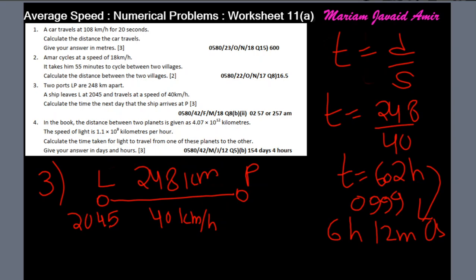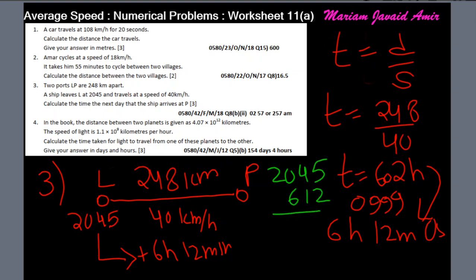So add 6 hours and 12 minutes to this time. Let me grab another color. 20:45 plus 6 hours 12 minutes. So this becomes 5, 6, 7.